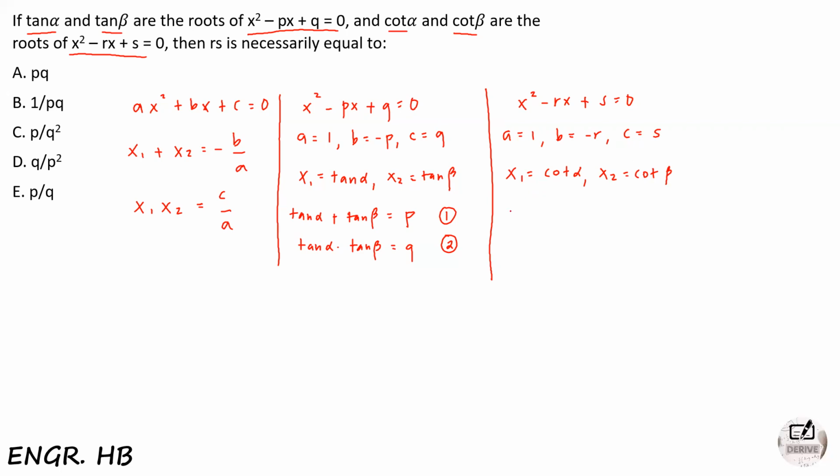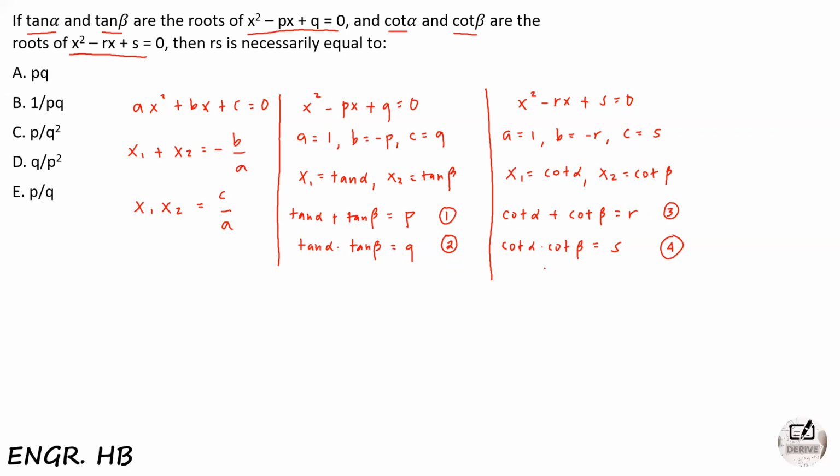For the sum, cotangent alpha plus cotangent beta is equal to negative b over a, the negative of negative r, positive r over 1, so that is r. For the product, cotangent alpha multiplied by cotangent beta is equal to c over a, that is s over 1, simplified to s only. We can take this as equation 3 and this as equation 4. So we now have 4 equations.